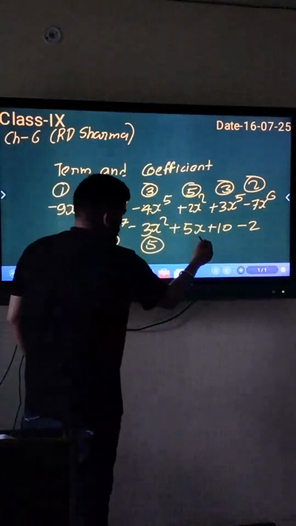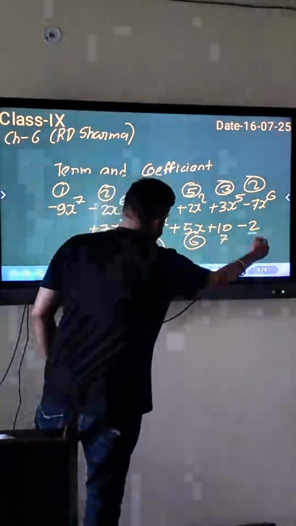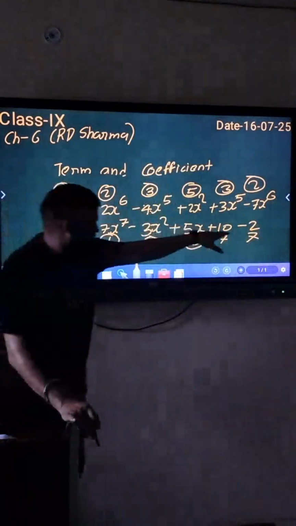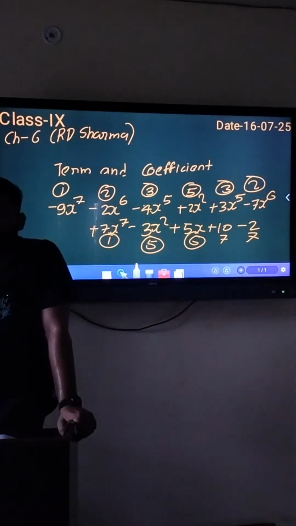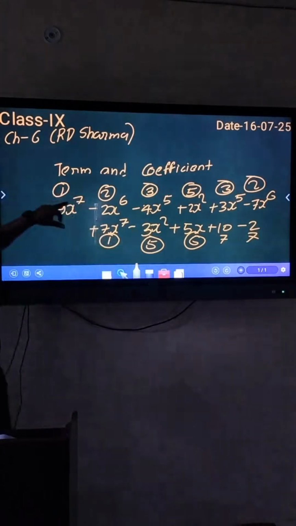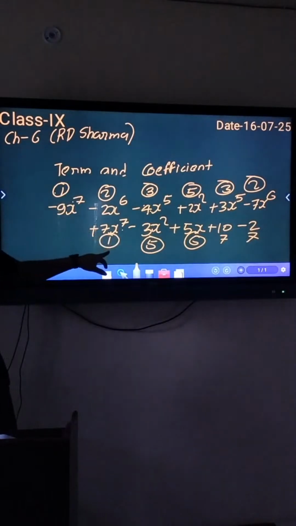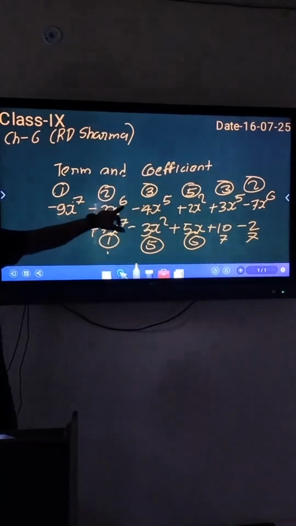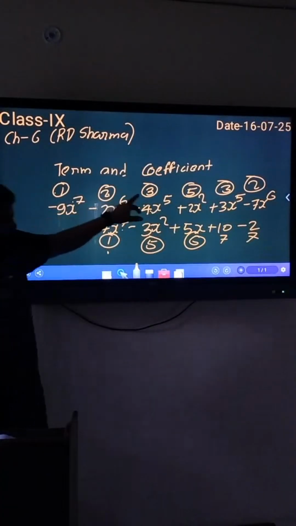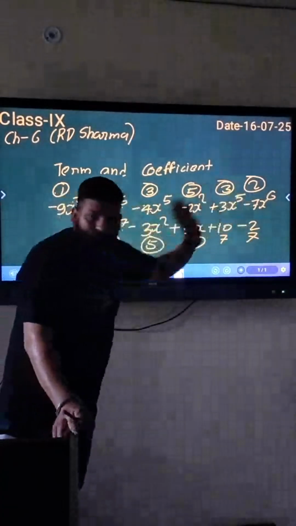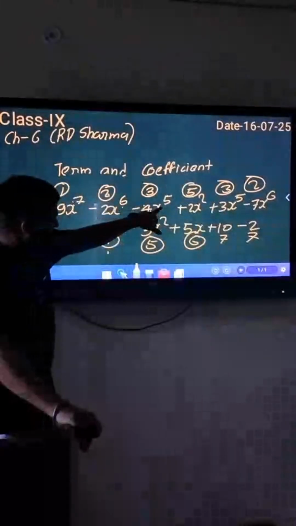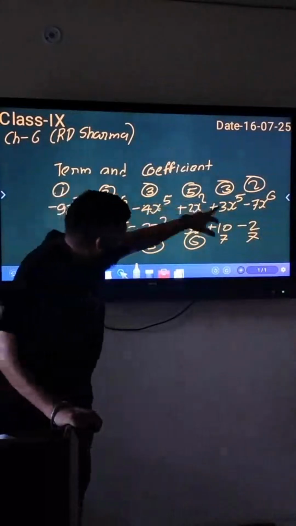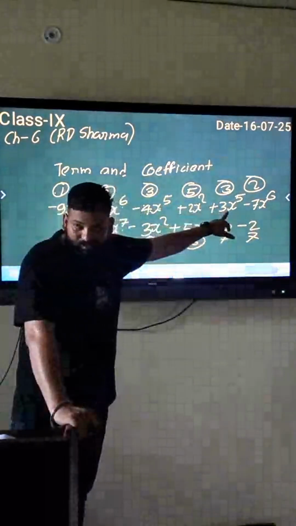Clear? 6, 7, 7. Why 7, 7? Because both are constant. It means where we get the same power, you have to count 1. Power 7 is 1, power 7 is 1. Power 6 is 2, and where is the other power 6? 2. Clear? Any doubt? Now power 5 is 3, and where is another power 5? That is power 5, 3. Clear?